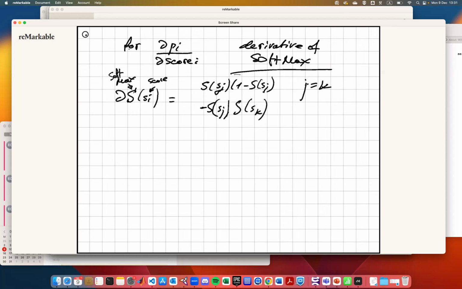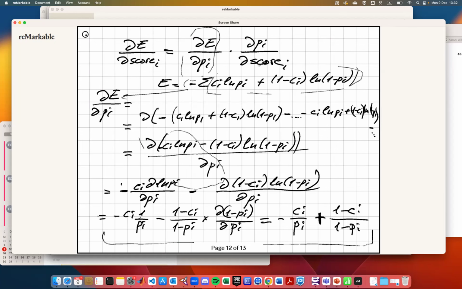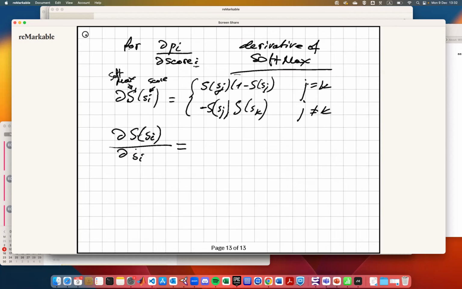So when we computed for j not equal k, skipping the intermediate step, we are computing this derivative, which goes under this condition over here.